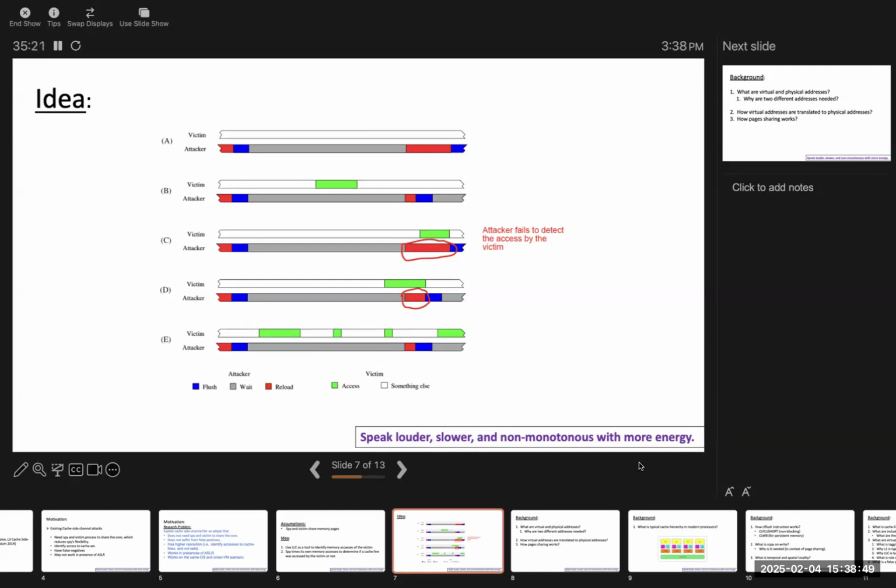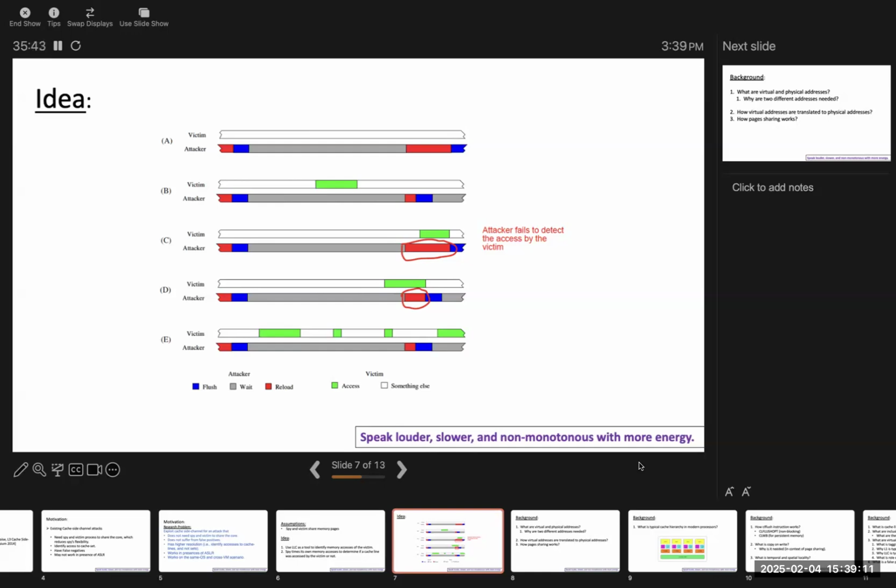Given that there are different scenarios where you know the address, there will still be cases where you will be able to detect the access by the victim, and cases where you will not be. The ideal case is where the victim makes the access before my reload operation as an attacker.